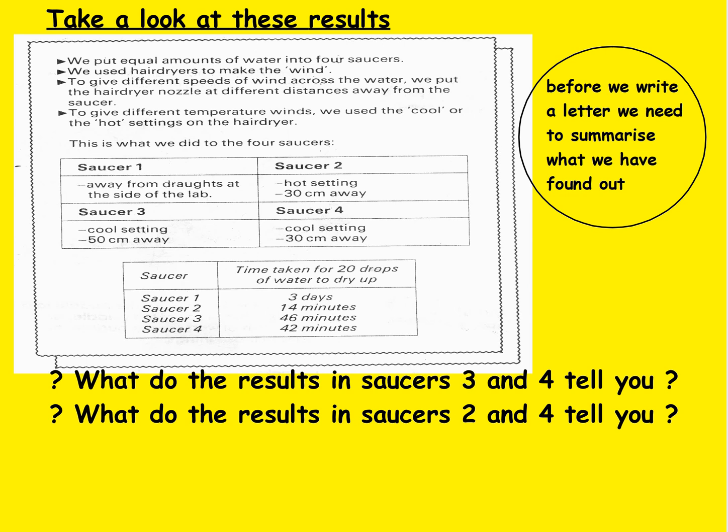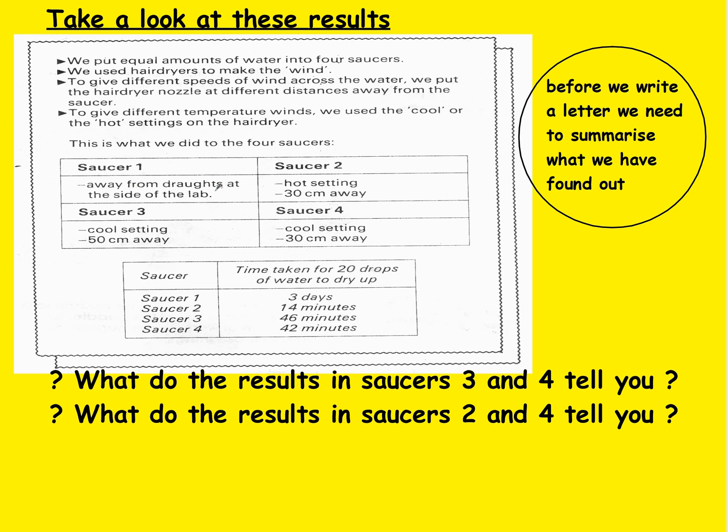They had equal amounts of water in 4 sources. They used hairdryers to make the wind. To give the different speeds of wind across the water, they put the hairdryer nozzle at different distances away from the saucer. And to give different temperature winds, they used the cool or the hot settings on the hairdryer.